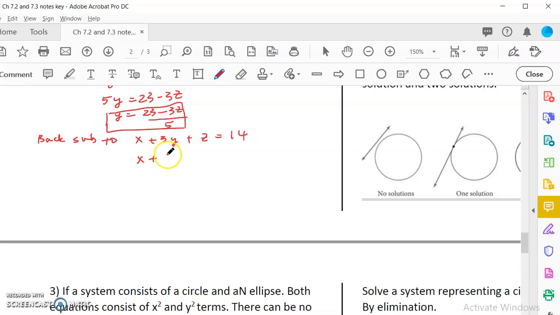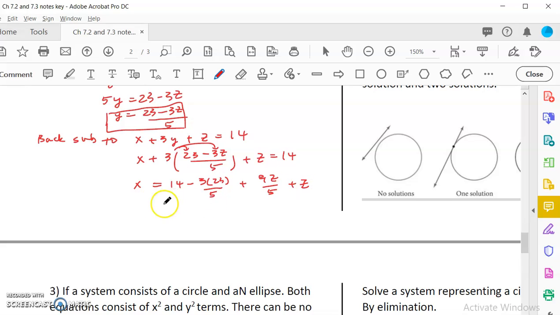Plus, what is y? y is 3 times this, 23 minus 3z over 5, plus z, and is equal to 14. So x would equal 14 minus 3 times 23 over 5, right? And then plus 9z. So basically you multiply this here, multiply in 9z, and then you add it over here over 5 plus 1z.